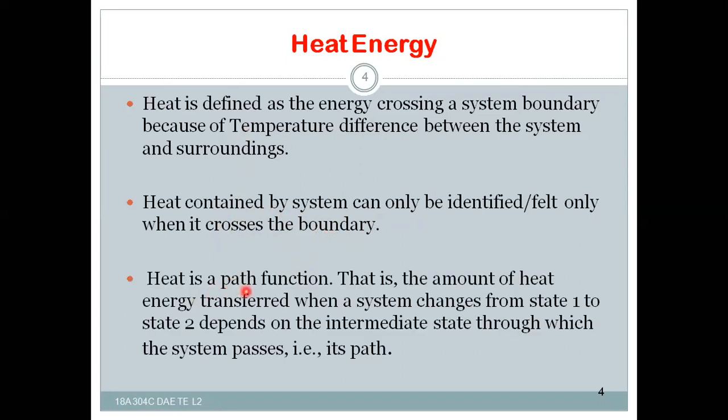Heat is a path function. Most of the properties are point functions, whereas heat is a path function.